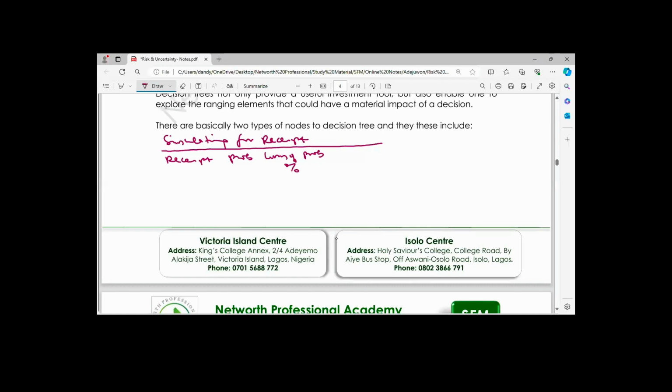Column 4 is random allocation. Then column 5 is a random number. The random number may be given to you. So these are the 5 columns that you are going to create whenever you want to simulate.